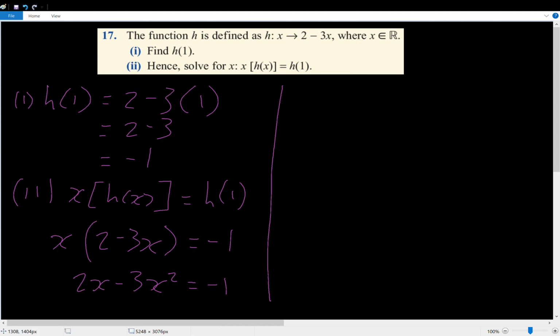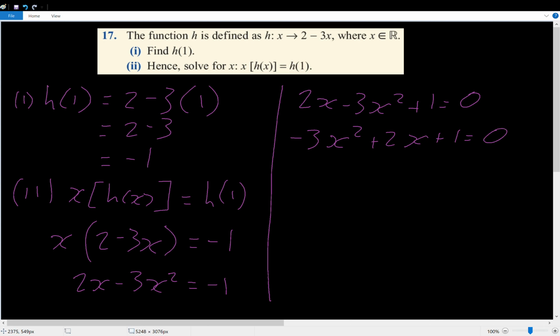In order to solve this, we have to get every single term onto the same side of the equation. So we're going to move the minus 1 over, in which case we get 2x minus 3x squared plus 1 equals 0. Or if we rearrange that to look like a quadratic, we get minus 3x squared plus 2x plus 1 equals 0.